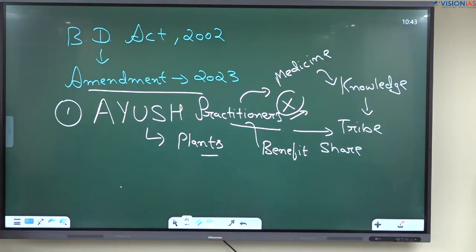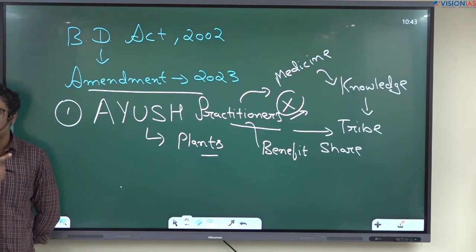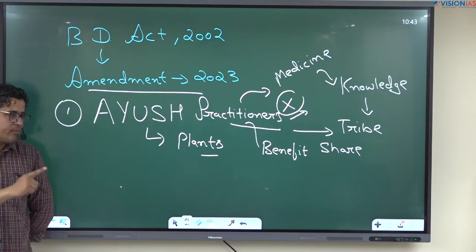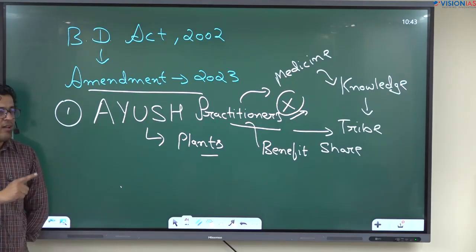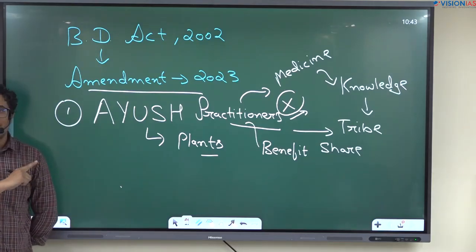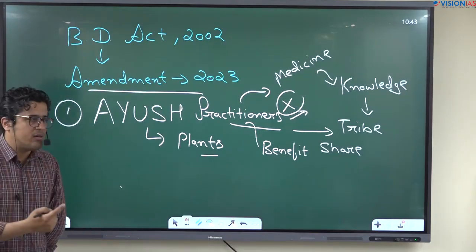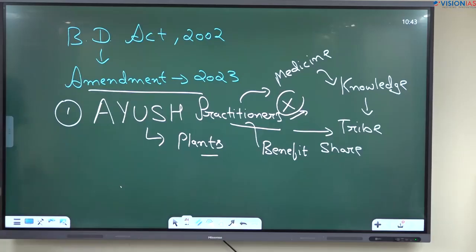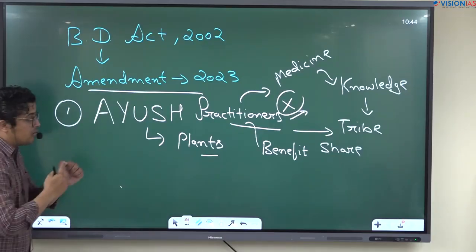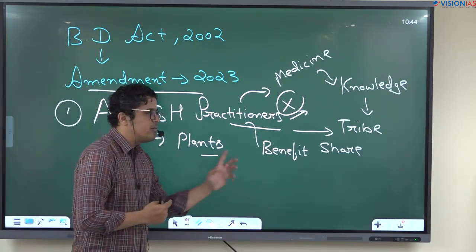So this has created a controversy, that if you are using someone's knowledge, you should share the benefits with that person. But here what the amendment is saying is that Ayush practitioners can use the knowledge of the tribe, the knowledge of the communities to make a medicine. They need not share the benefits.